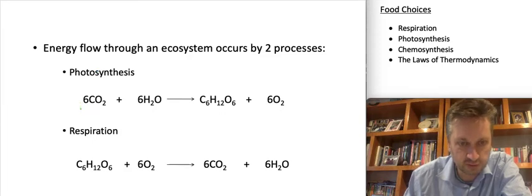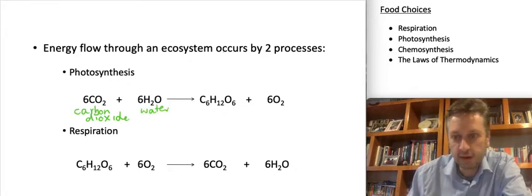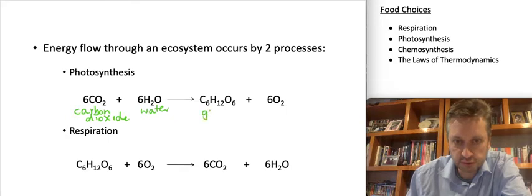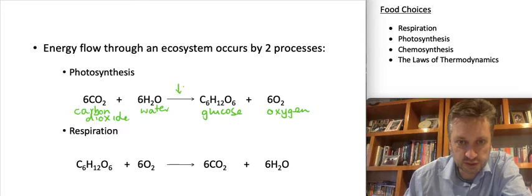So here, for photosynthesis, we begin with the raw materials of carbon dioxide and water. And we produce glucose, an organic food source, and the waste product, if you can call it a waste product, of oxygen. This process uses sunlight as an energy source to allow that to happen.